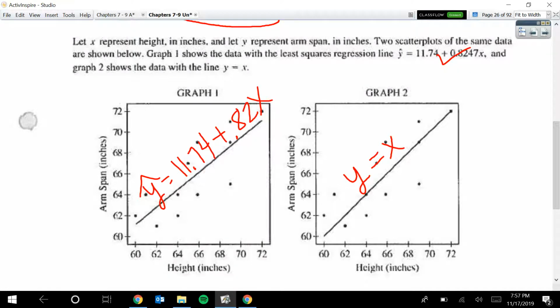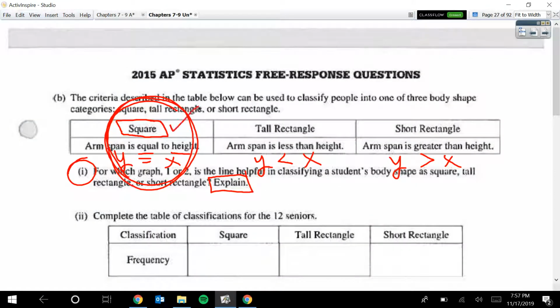So of course, this one is the one that helps with the square and rectangular because you can see which values fell on the line. So your answer has to be graph 2 is the best one to determine the difference between square, tall, and short, rectangular. The reason is that it allows you to see if the arm span equals the height, is less than the height, or is greater than the height.